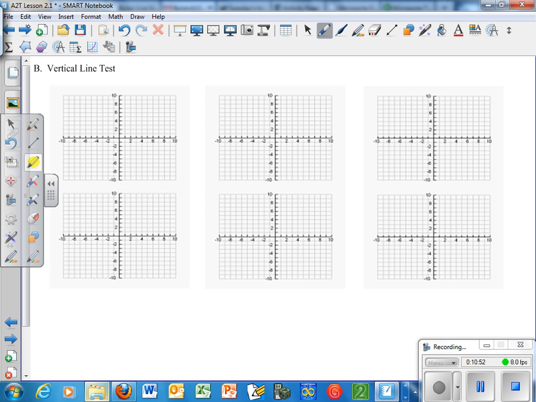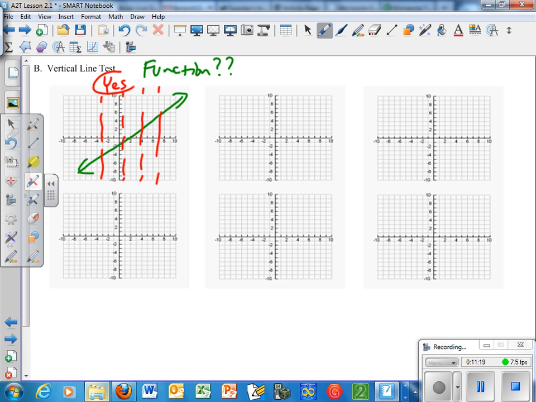So let's give you some examples here. Let's say I had a line like this, and we're just going to answer, does it represent a function? I'm going to put function, question mark. Well, this first one, if I drew all kinds of vertical lines, that one would be a function, because every vertical line I draw only goes through that graph in one point.